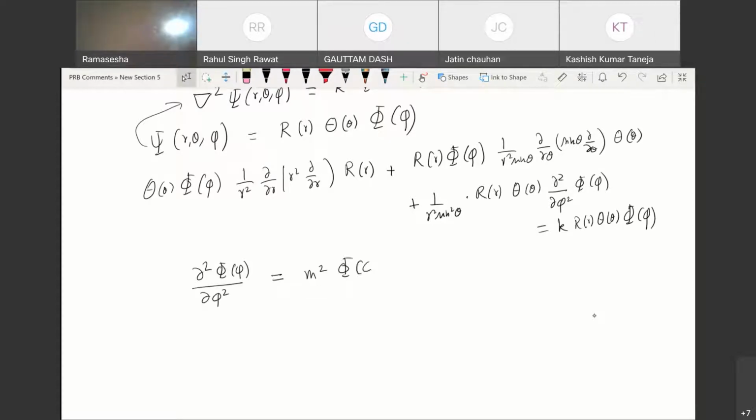Okay, so if I can define a constant, then I will be able to pull out R of r Theta of theta Phi of phi, because this whole thing can be replaced with a constant, and this part will become an eigenstate.